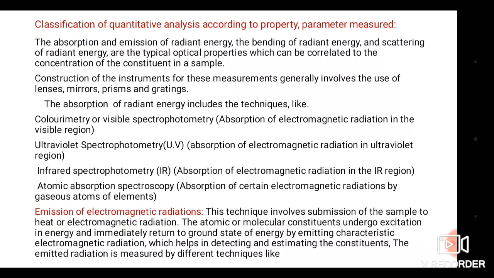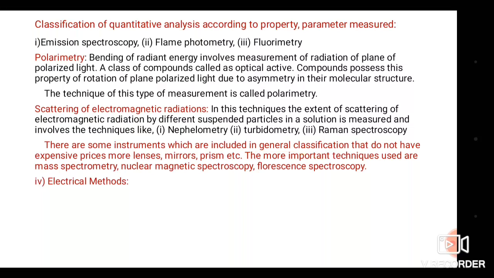This emitted radiation is measured by different techniques like emission spectroscopy, flame photometry, and colorimetry. All these are the techniques used for the measurement of the emission spectra, the energy emitted as radiation.